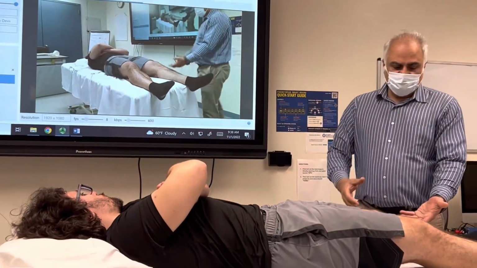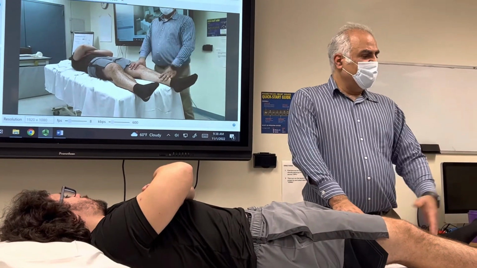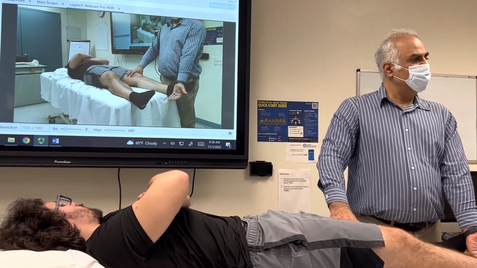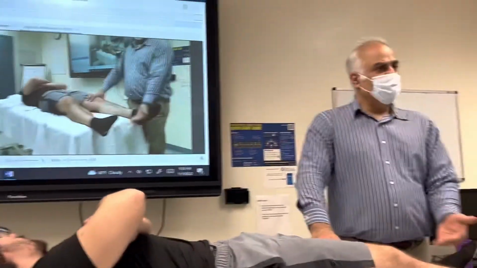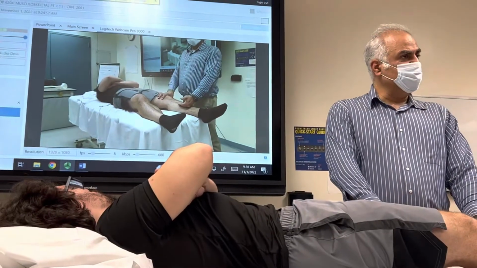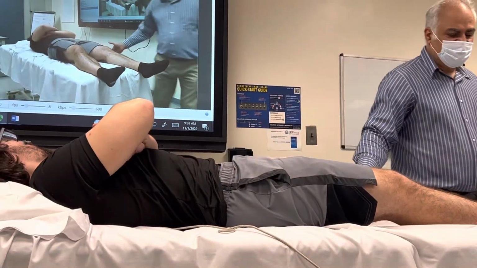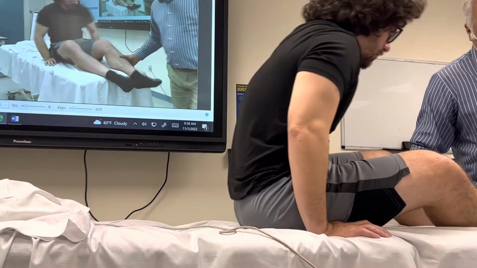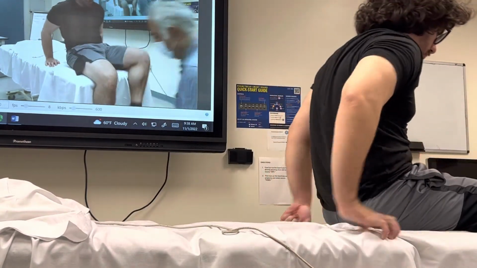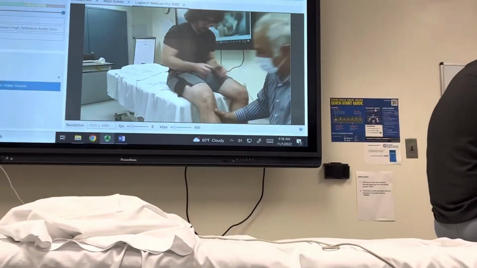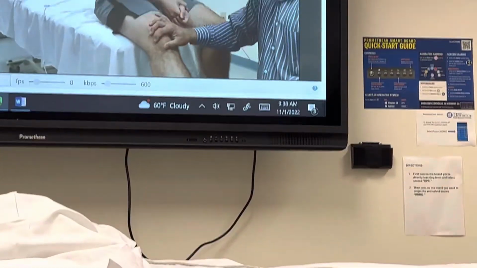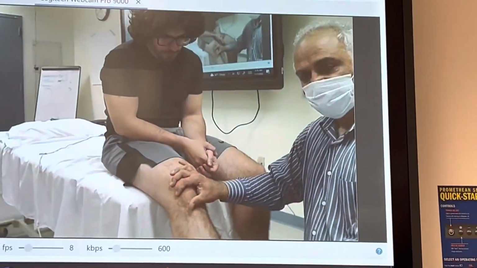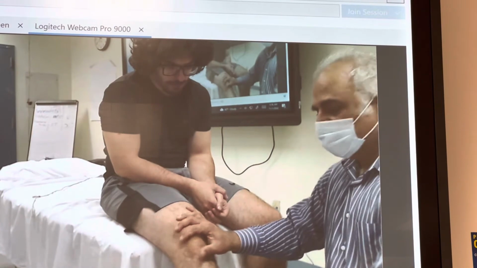So you could see that I did one in seated position. I did one in supine position. I could do the same in a seated position. The problem is going to be the anterior tibial dysfunction. The knee extension is limited.